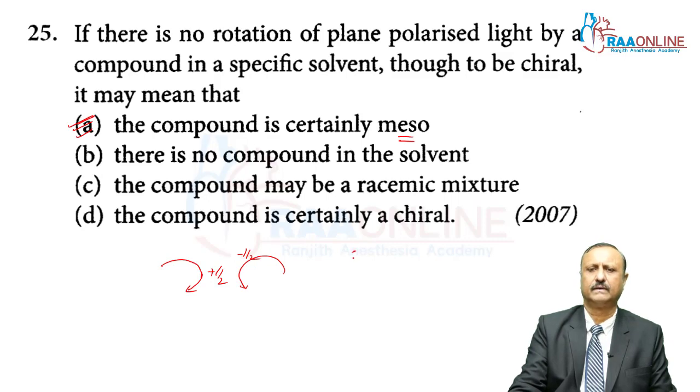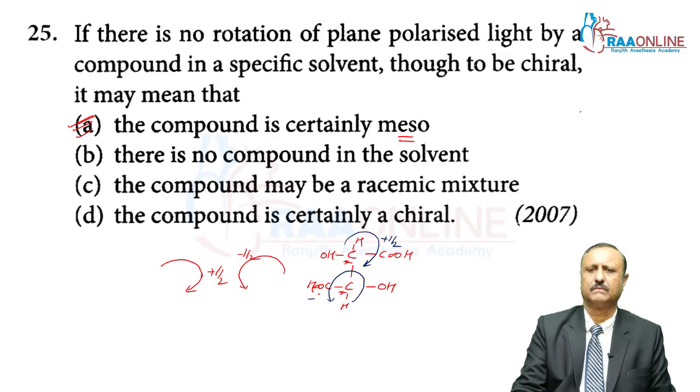Take tartaric acid, with COOH and OH groups. In this tartaric acid you can see this carbon atom rotates light in this direction, plus half, and this carbon atom rotates light in this direction, minus half.